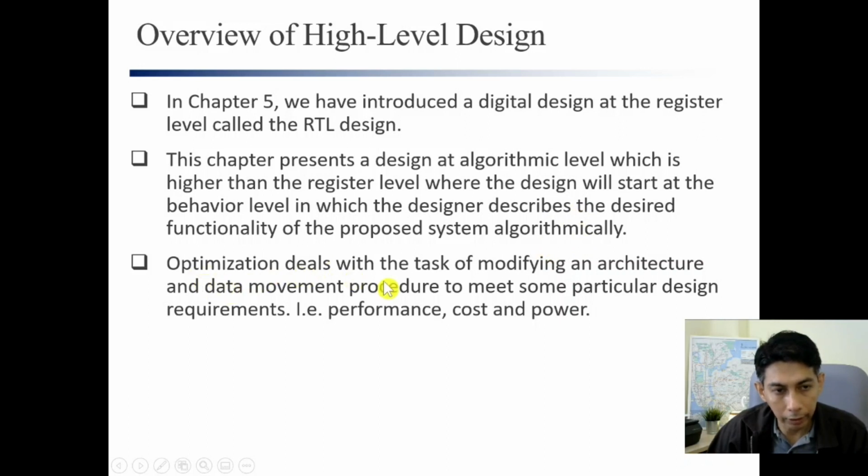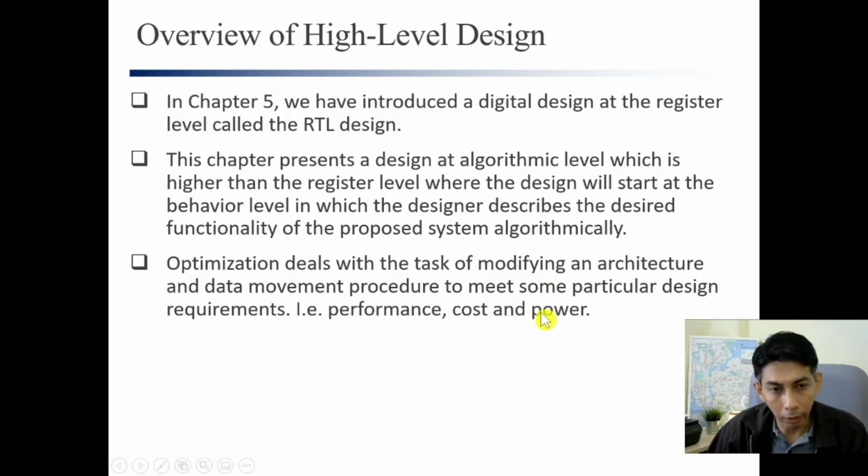Optimization deals with the task of modifying the architecture and data movement procedure to meet some particular design requirement. Just like what I said, the speed or performance, and the cost, the size of the circuit, and of course the power consumption.